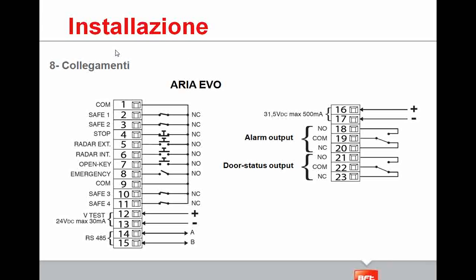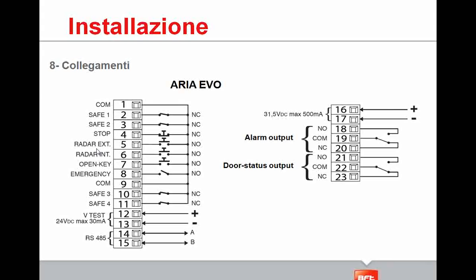By now we can speak a little bit about the Area Evo control board. I think you already know it because it is already used in the Vista SL and Vista SLC. This kind of control board presents four safe connections, all of them configurable.